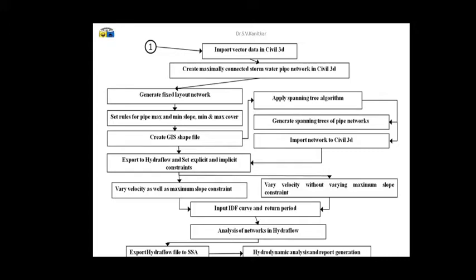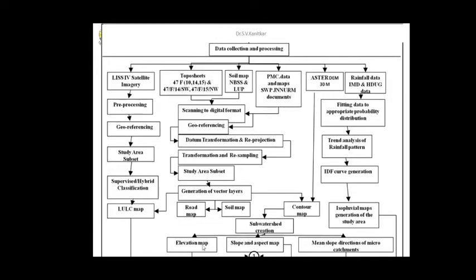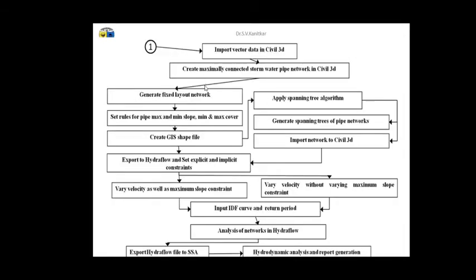So once you create this vector data of, say, the road network, and also other shapefiles of, say, isopluvial maps of rainfall or IDF constants, elevation maps, land use, land cover, and soil map. Now in Civil 3D, theoretically what you require is only the shapefile or CAD file of the road network, and obviously the digital elevation model from which you create a surface, so that when you draw a stormwater line, it picks up elevation from the surface.